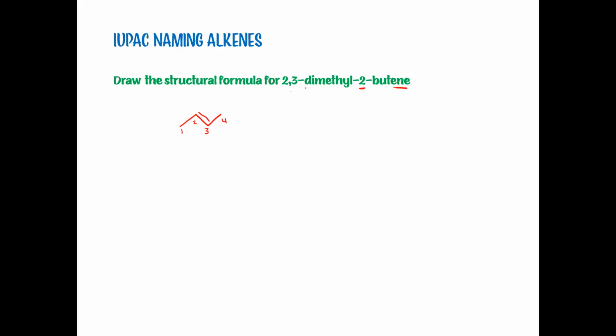And then dimethyl, we have 1 on 2 and 1 on 3. So that is 2,3-dimethyl-2-butene.